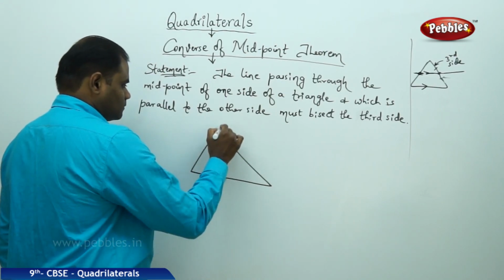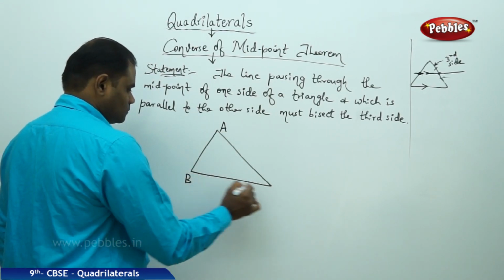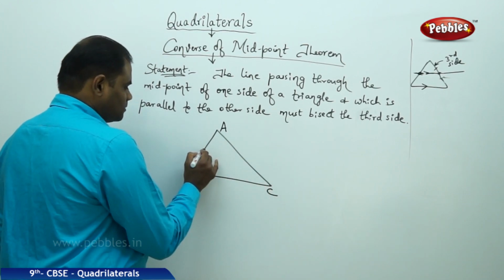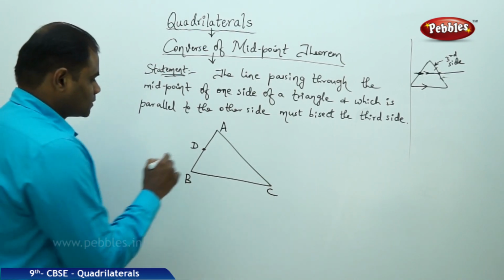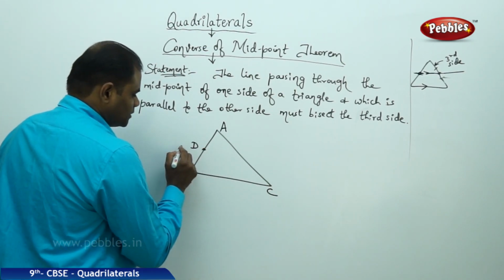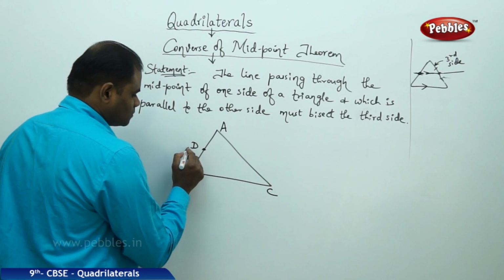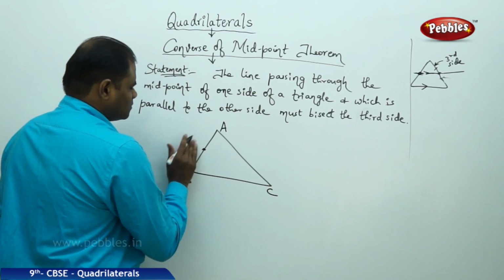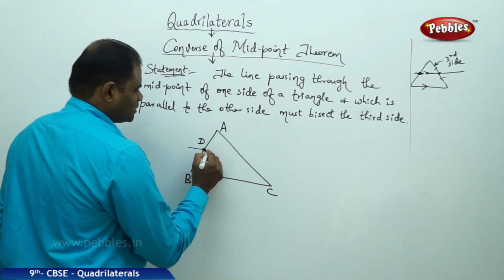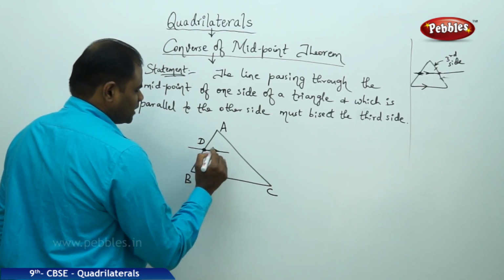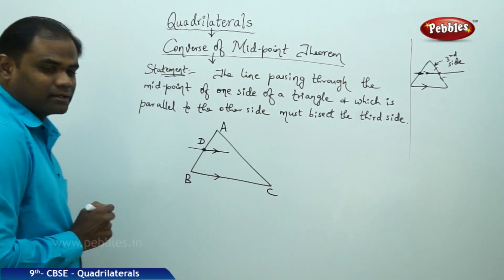ABC is a triangle. Let D be the midpoint of AB. Then a line which passes through this midpoint and which is parallel to the third side.